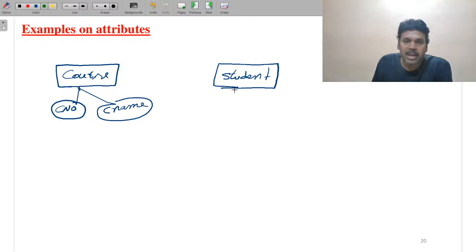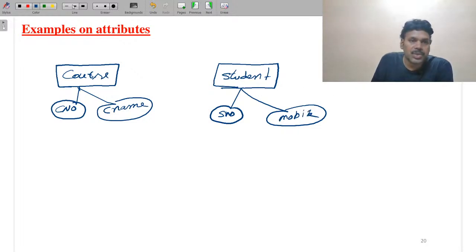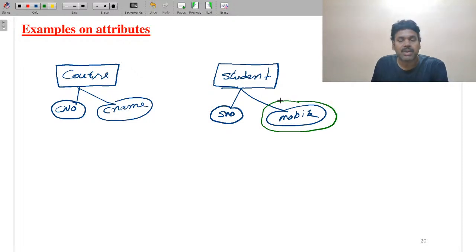And this table has a few attributes. One is student number and the other one is mobile number. You know mobile number can be multiple, so when you are talking about multiple, just draw a double circle, which indicates that it is multi-valued.